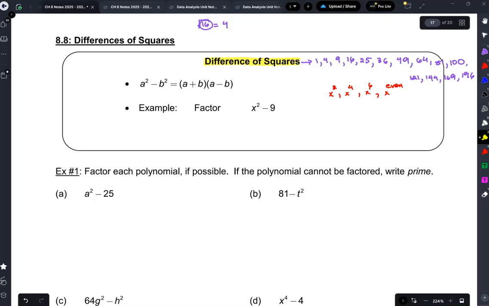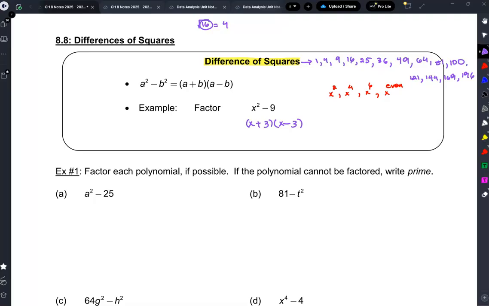Now, to factor this, here's what I do. I open up 2 parentheses. What 2 numbers multiply to get x squared? X and x. What's the square root of 9? 3 and 3. And then one becomes positive, one becomes negative, always. So let's recap.